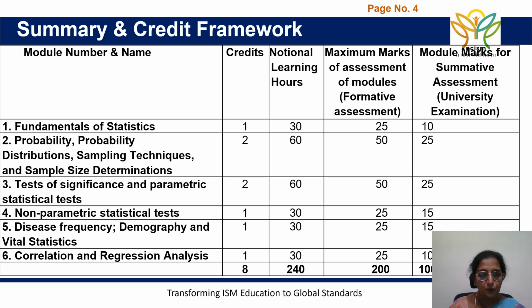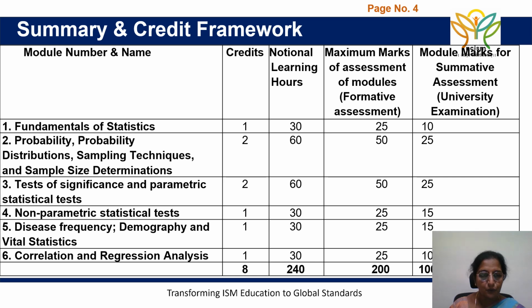Coming to the fourth module, non-parametric statistical test, it carries 1 credit with 30 notional learning hours, 25 marks for formative assessment, and 15 marks for the university examination. Coming to the fifth module, disease frequency, demography, and vital statistics, it carries 1 credit with 30 notional learning hours, 25 marks for the formative assessment, and 15 marks for the university examination.